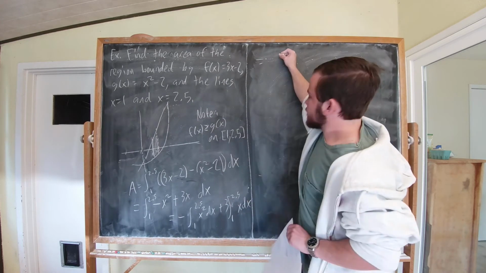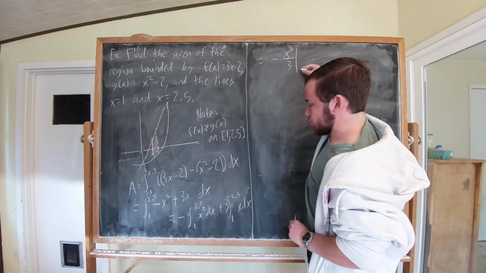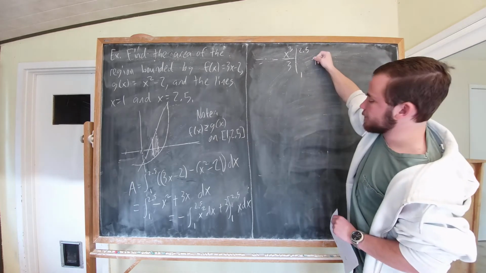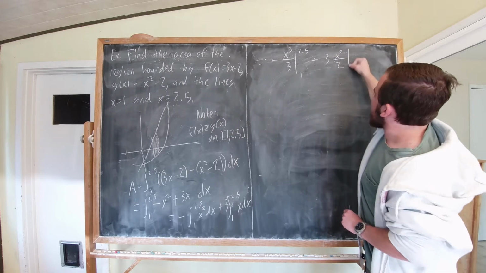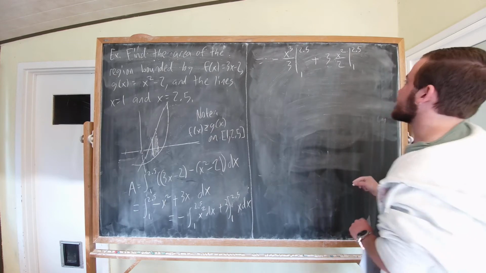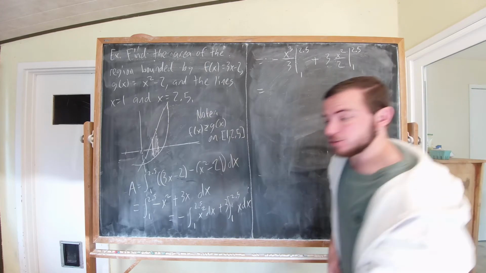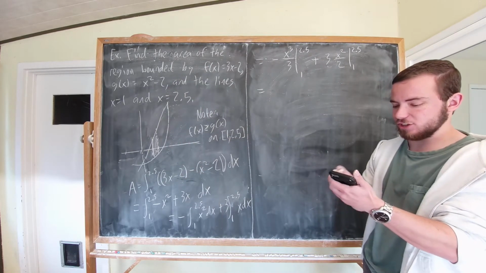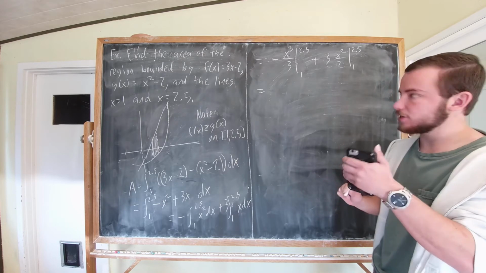Which is equal to negative x cubed over 3 as x goes from 1 to 2.5, plus 3 times x squared over 2 as x runs from 1 to 2.5. Get out your calculator or whatever other device you care to compute these numbers, most specifically 2.5 cubed. 2.5 squared I can do off the top of my head, but not 2.5 cubed.